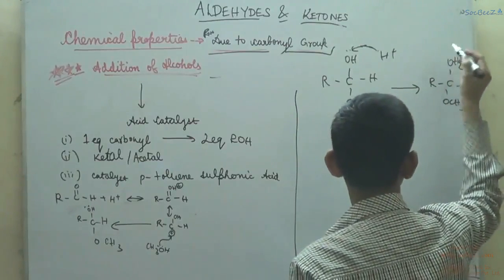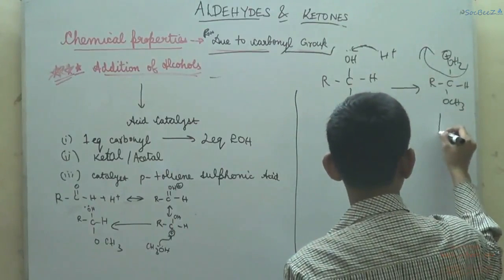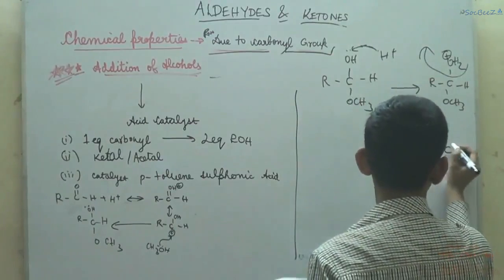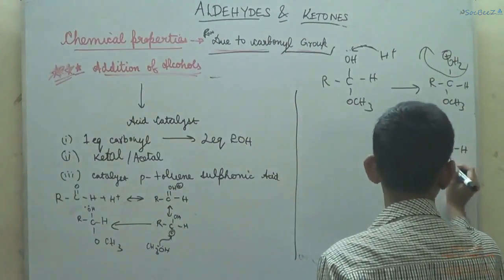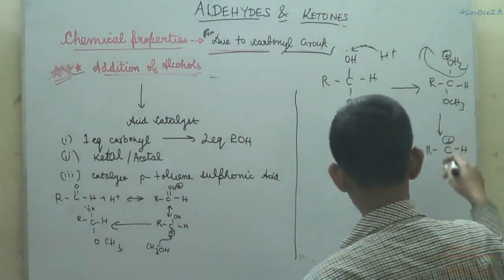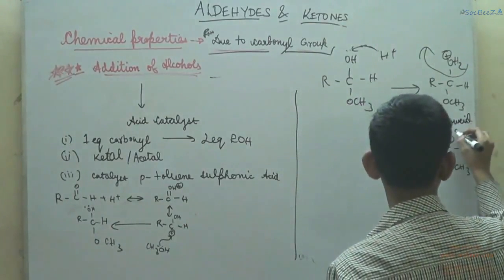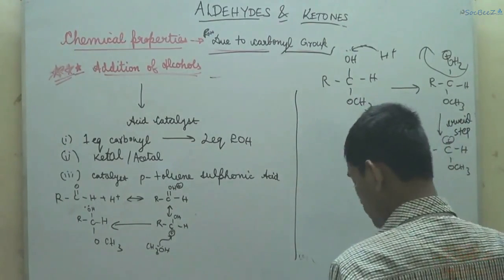Then this gets a positive charge, removal of water molecule, and then you have RC plus H OCH3. And remember, this particular step is the crucial step or the slow step of the entire mechanism.